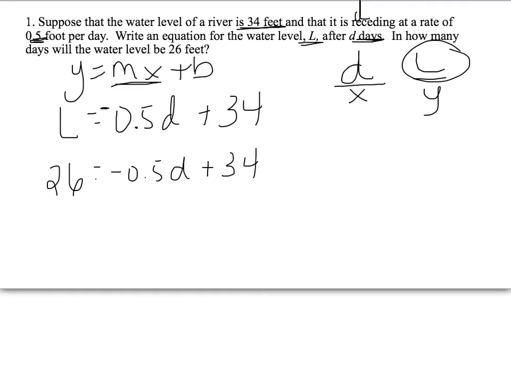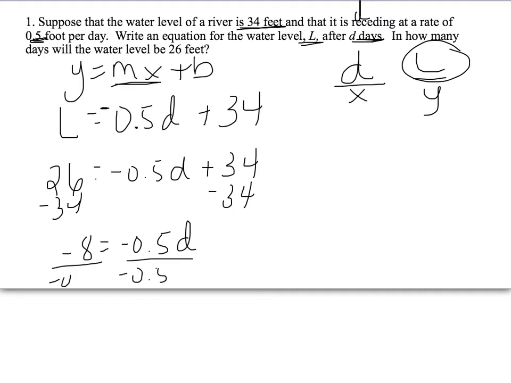Okay, so when I need to solve for D to figure out how many days, subtract 34 from both sides. And I'm going to get negative 8 is equal to negative 0.5 times D. Okay, so here when I divide by negative 0.5, negative divided by negative becomes positive. And so I have 16 is equal to D, okay?